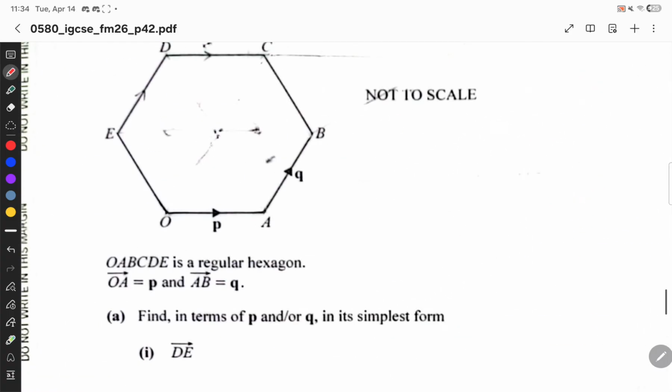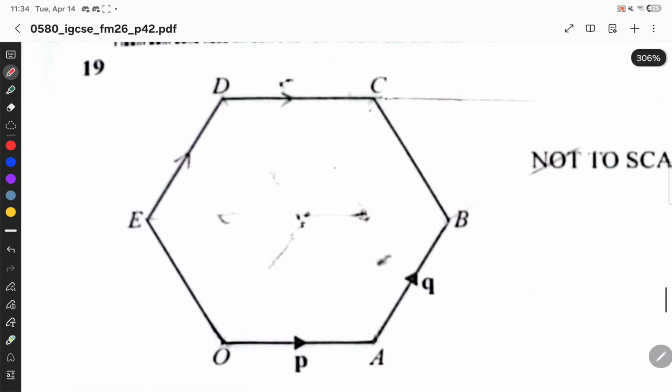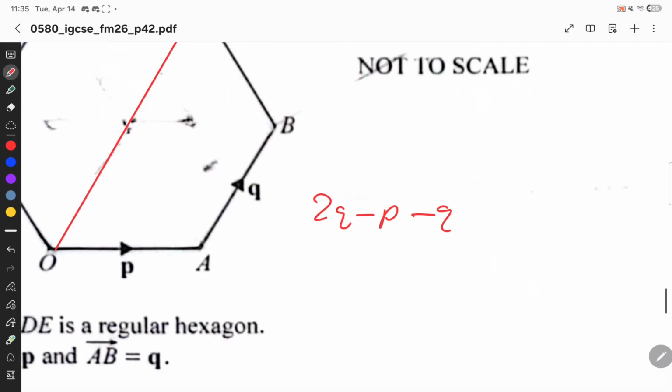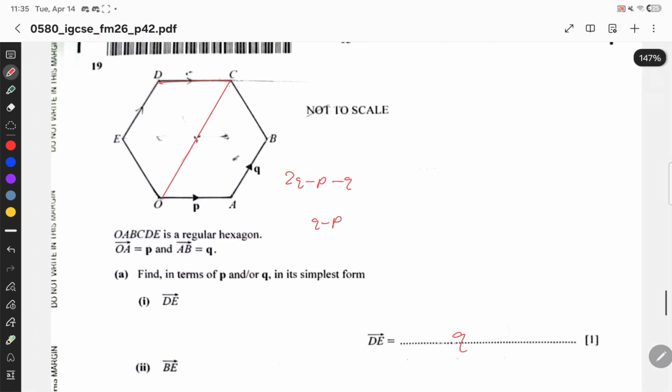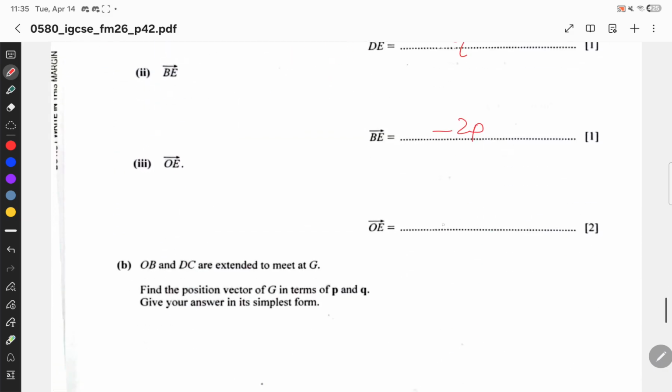Trust me. OE is 2q minus p minus q. So this is 2 minus 1 is equal to 1, so q minus p. Yeah, we just go around this triangle. Q minus p.